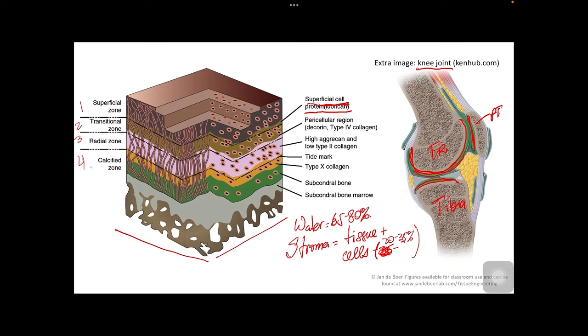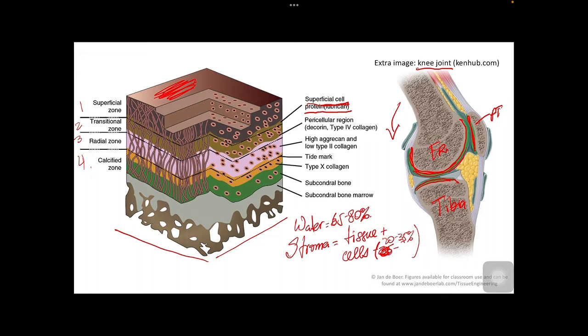You will see that, for example, the femur will move as a hinge, right? And for that, you need nice lubrication, so there's no friction, there's no shear stress. That's why you need something that is very, very smooth. These layers are very smooth, with particular proteins that help to lubricate the surface. So that's the superficial zone, quite strong and also lubricated.